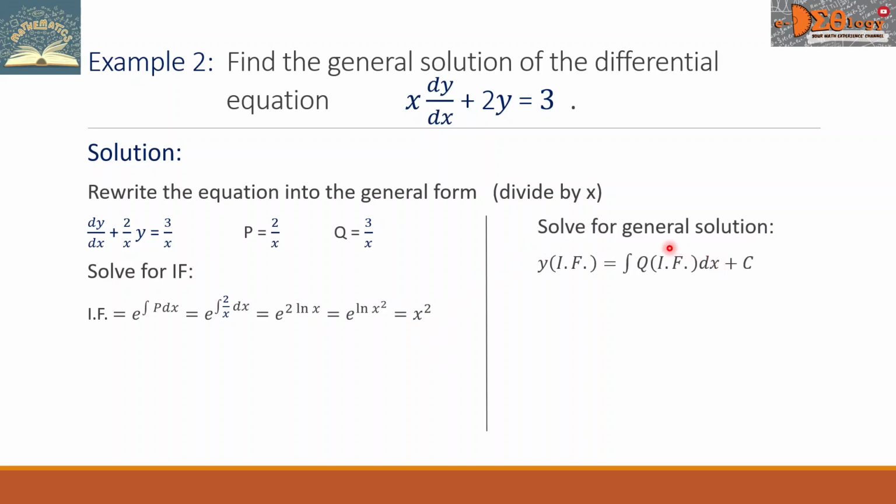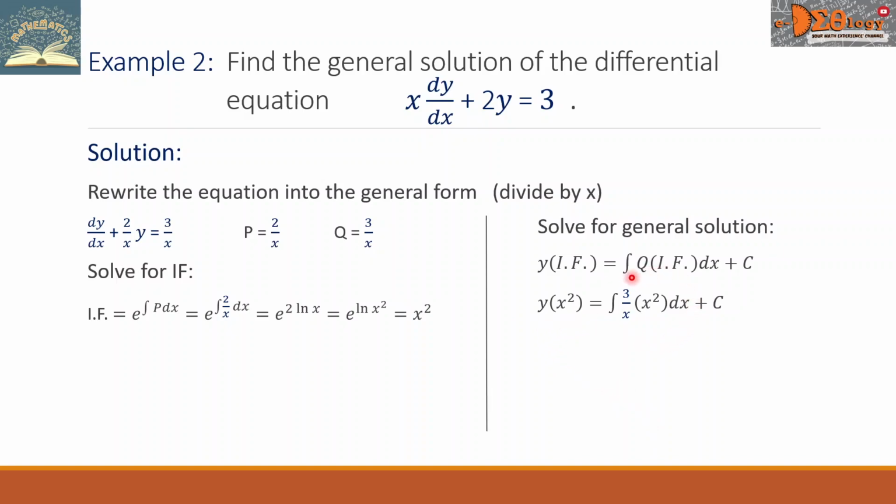Let us solve for the general solution using this formula. Again, we take note that our IF is the x squared and the Q is the 3 over x. For substitution, it becomes like this. On the left side, we'll just combine the y and the x squared.